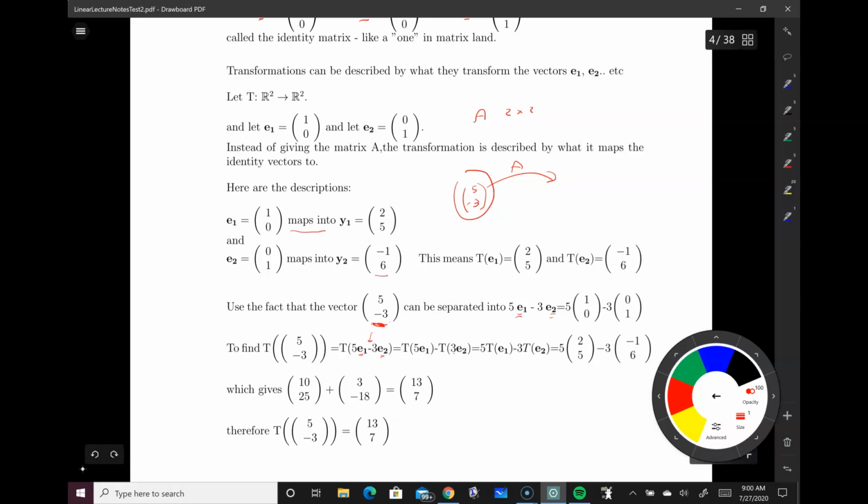I'll pull this number 3 on the outside. And so I know that T of E1 is 2, 5. And I know that T of E2 is negative 1, 6. Because they told us that in the beginning, right? When we wrote it like this. So then I just multiply by 5 and multiply by negative 3. Add them together. That's the vector. The transformation takes this domain vector to.